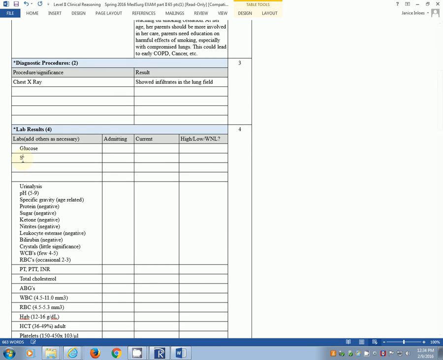We did a sputum culture. And basically that's about it. We did not order any CBC or hematocrit or anything like that.